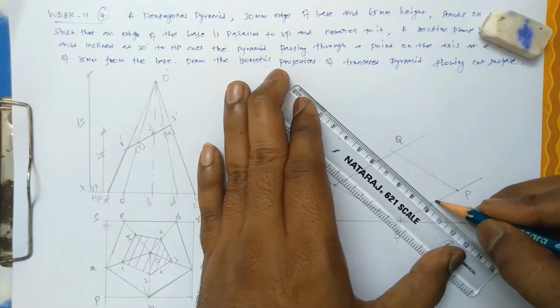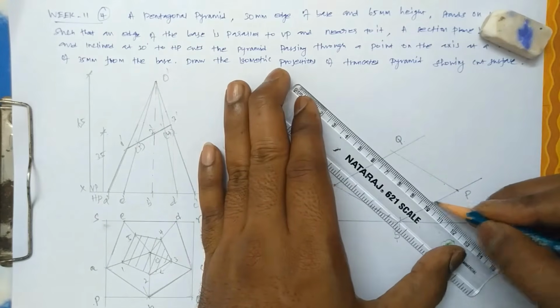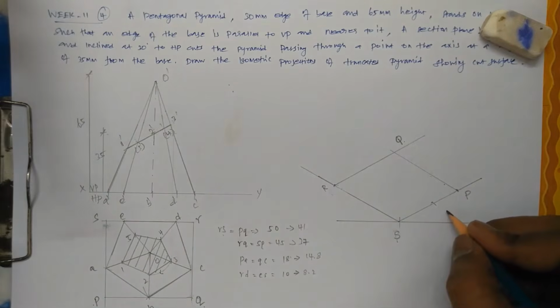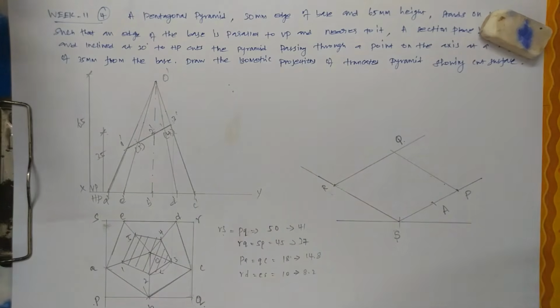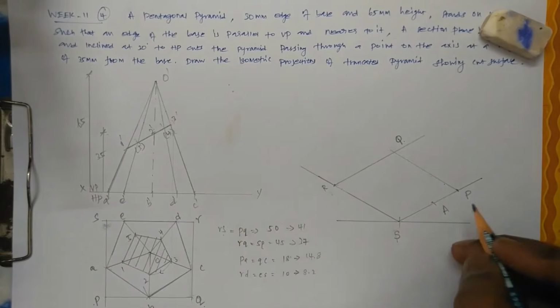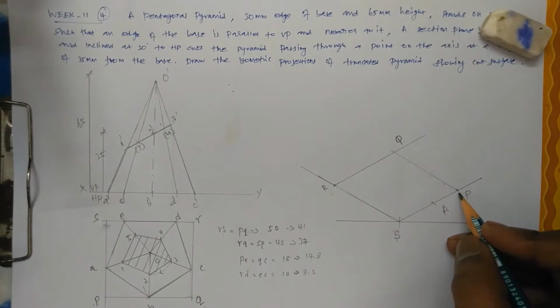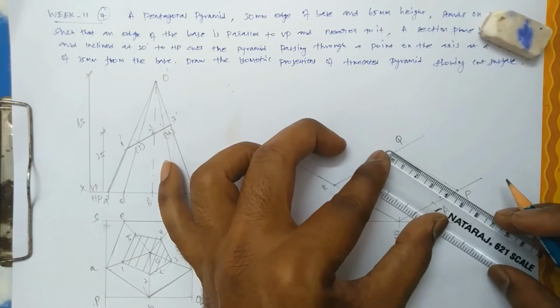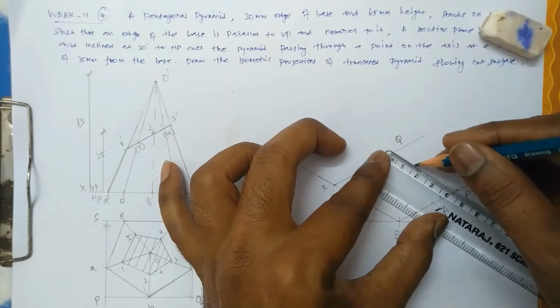So let us mark the remaining points, placing A, B, C, D, E. So this is A. P to S is A. And T to Q is B. And Q to R, it is C. So you need patience to do this.